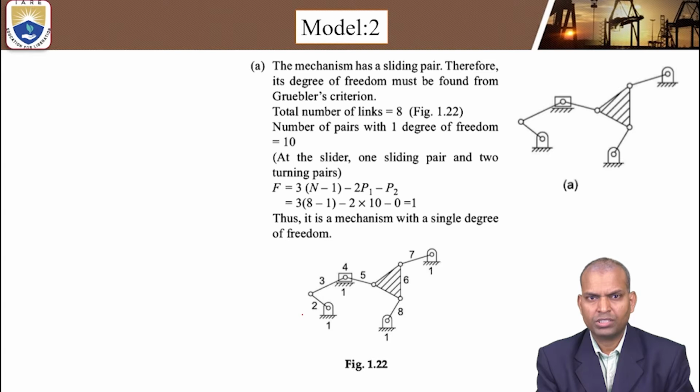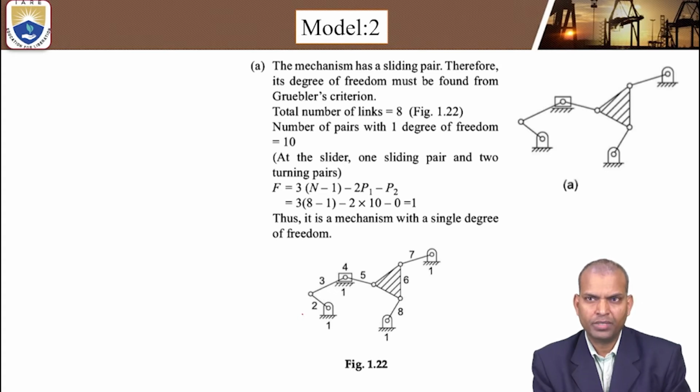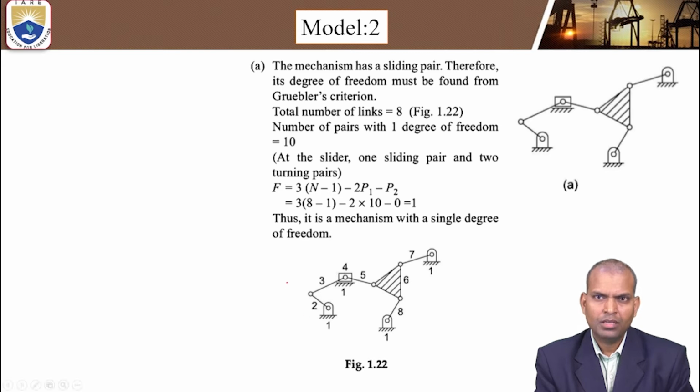This model 2 is discussed based on Grubler's criterion. That means in order to calculate the degree of freedom of various plane mechanisms consisting of lower pairs and higher pairs. In one of the books written in India, Theory of Machines by Rattan, S.S. Rattan, he mentioned another criterion, one of which is based on the number of loops.